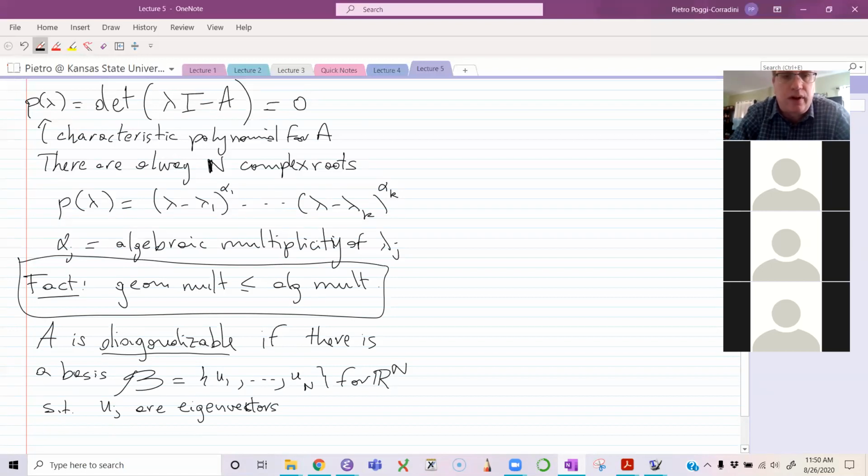All right. And so in this case, clearly the geometric multiplicities will add up to n as well. So it's a situation where there's no defects.